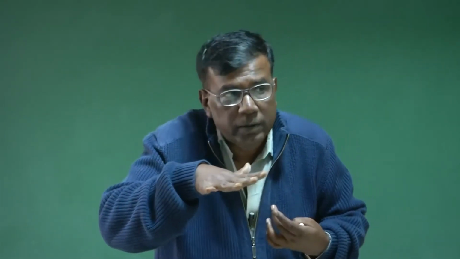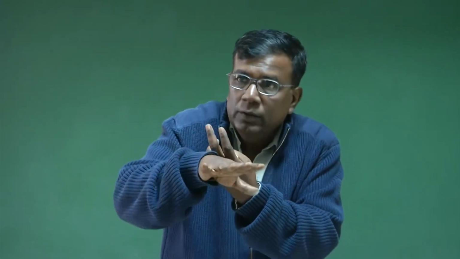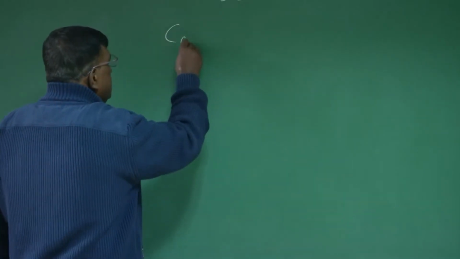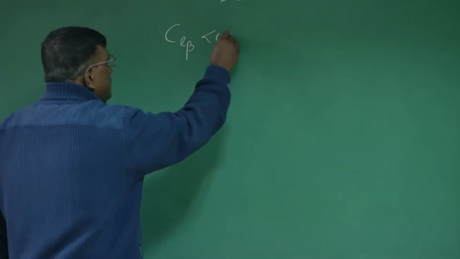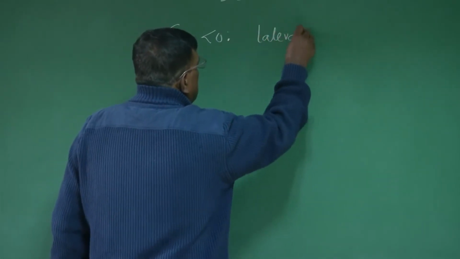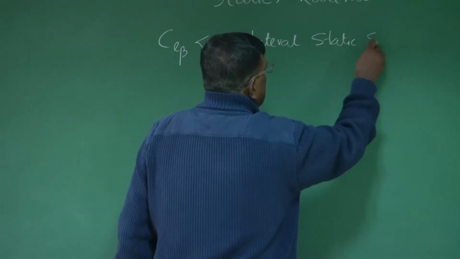So for a positive beta, it should generate a negative rolling moment. So we say C_L beta should be less than 0 for lateral static stability. Is this part clear? So we say C_L beta should be less than 0 for lateral static stability.